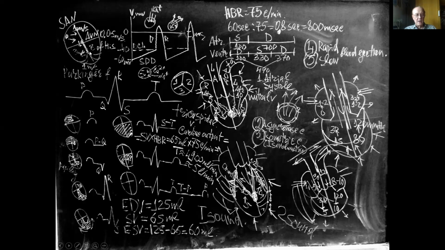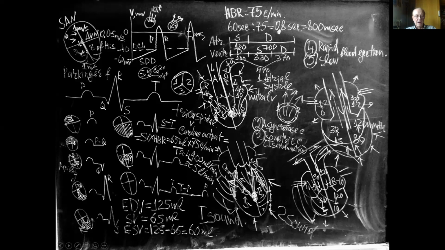The excitation conduction in the heart happens with the help of local currents, like between the Purkinje fibers, like between the nodes of Ranvier in the myelinated nerve fibers, and the local current produces an electromagnetic field.